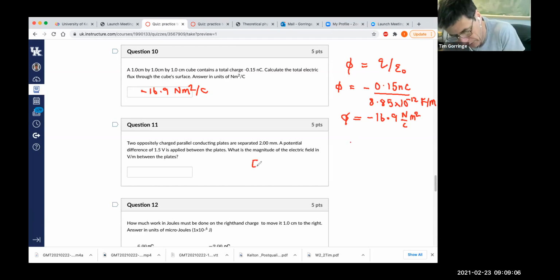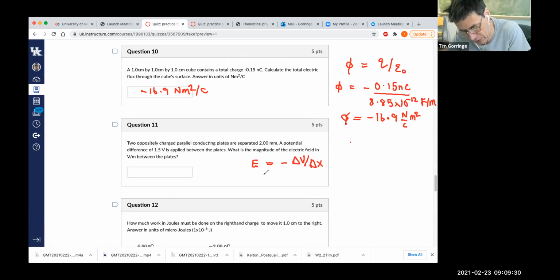Well, the electrical field is the negative slope of the electrical potential. And so if we know the electrical potential difference across the plates, and we know the separation between the plates, that's the delta V, that's the delta X, we can calculate this electrical field.